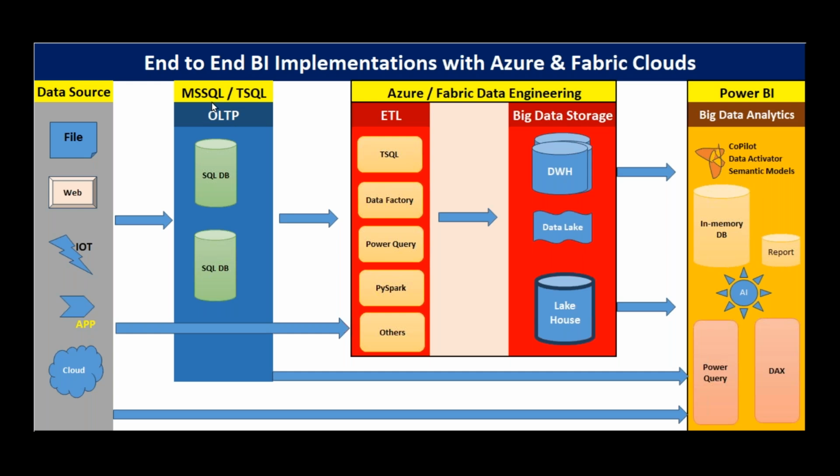There are certain rules to design the OLTP databases. We'll understand them today. These OLTP databases always have definite size restrictions, few limitations, because of which we need to have data warehouse databases.